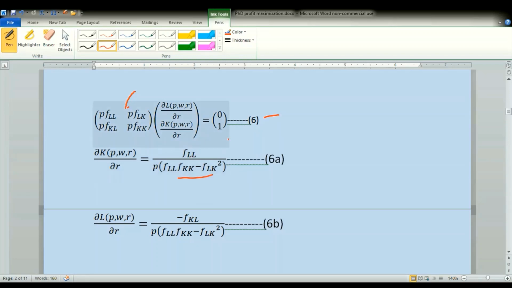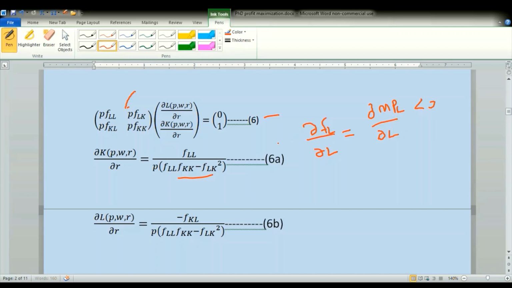this is the derivative of FL with respect to L, and this is like saying that derivative of marginal product of labor with respect to labor is less than 0, and marginal product of labor is falling.